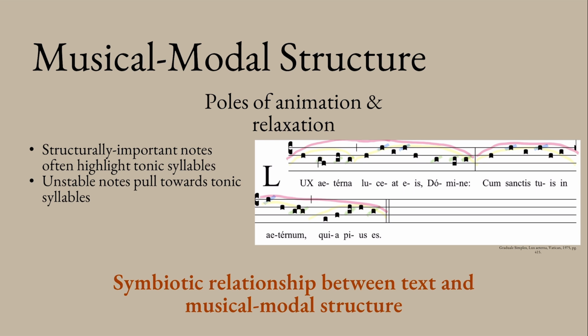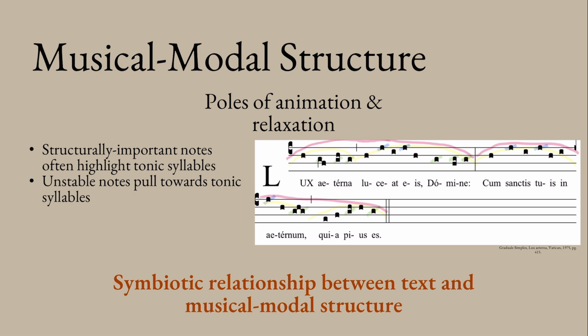So I hope that this kind of cleared up a little bit of the fundamentals of Gregorian semiology. I know it's a lot. We have this idea of a pole of animation around structurally unstable notes here or melodies that move. So we've got that first even on that word lux, and then on luceat, we have this idea of la as being this note that surges us somewhere else.